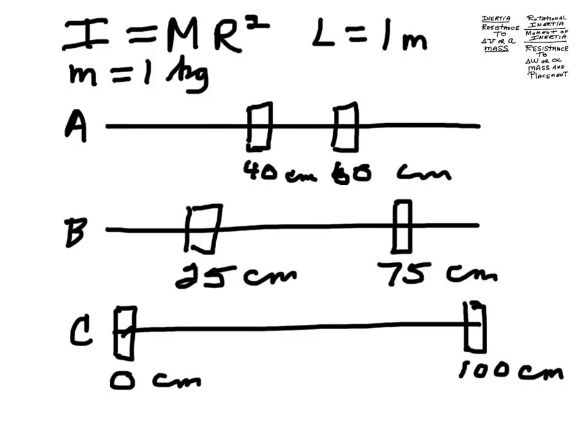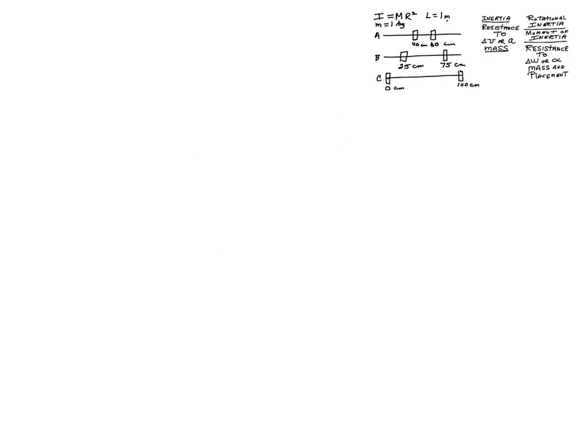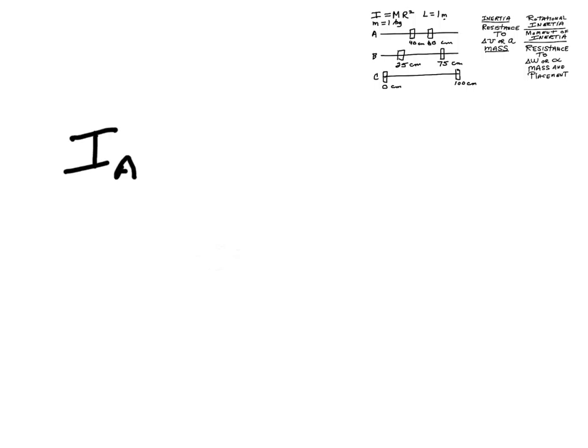First of all, let's create some space. Shrinking this and putting it up here. And then we'll say IA equals I of mass 1 plus I of mass 2.